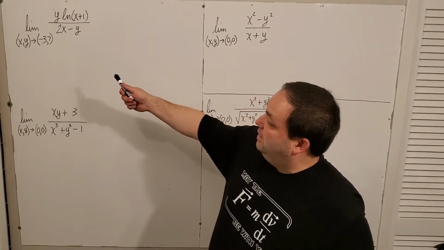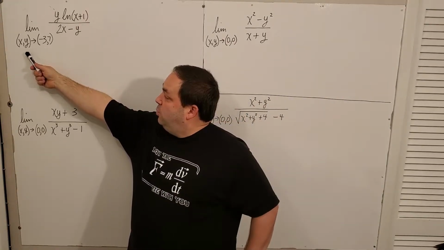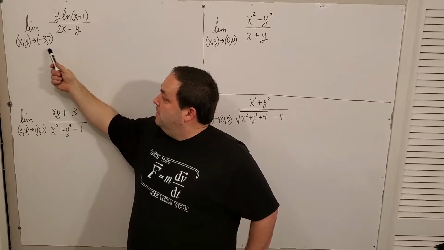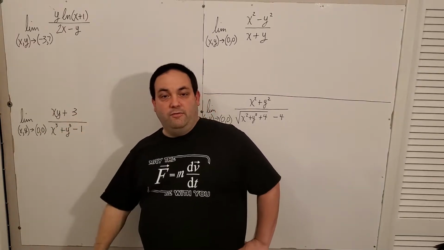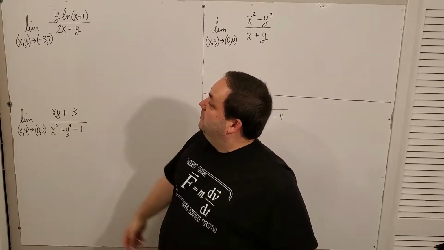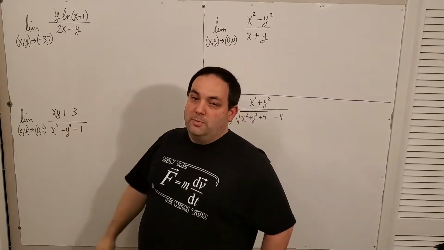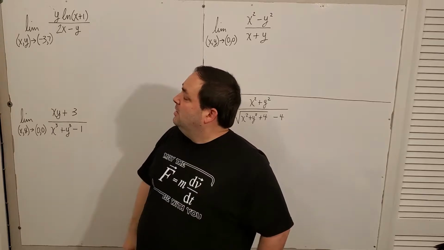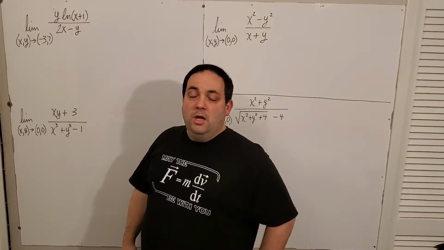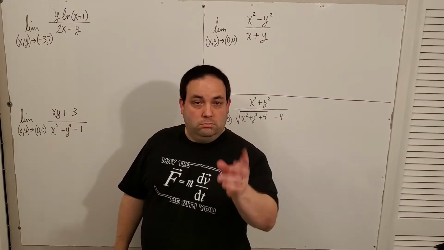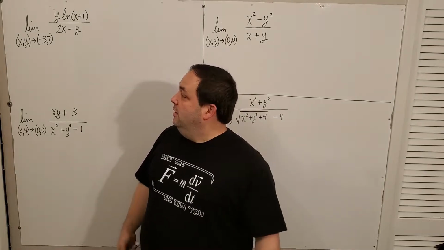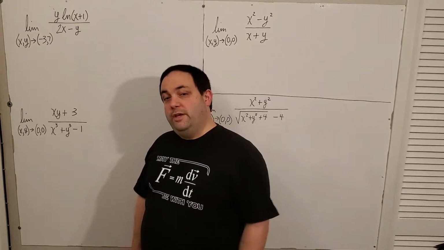So for example, the limit right here where the xy is a point from the domain approaches negative 3,7 from all directions and all paths of the function y ln x plus 1 over 2x minus y. To be honest with you, taking the limit at this point, unless it's for some special meaning or project or whatever, the limit itself is almost overkill, right?